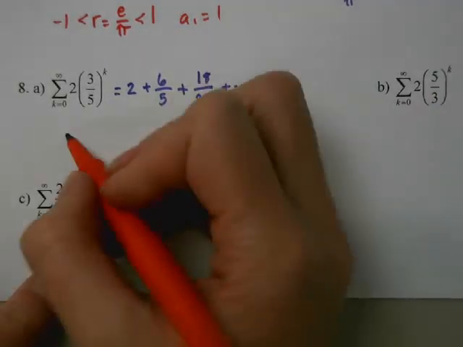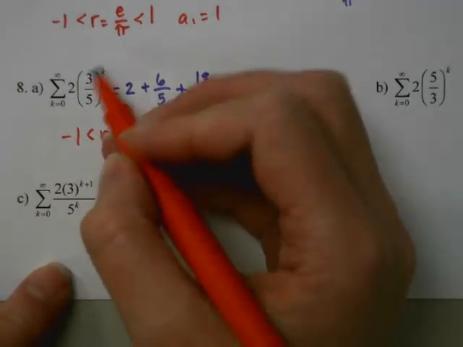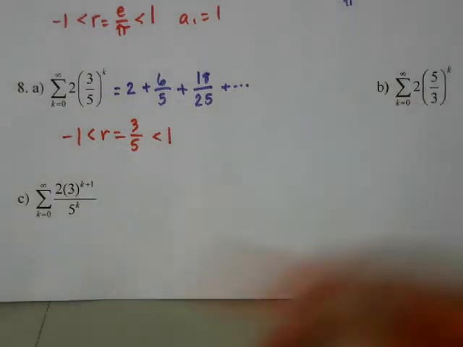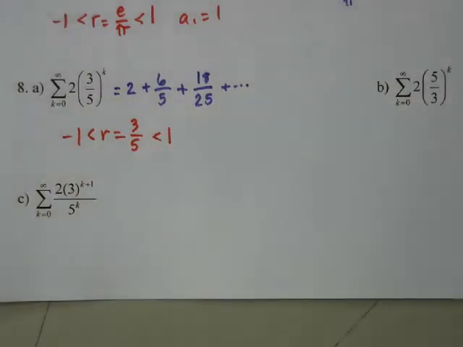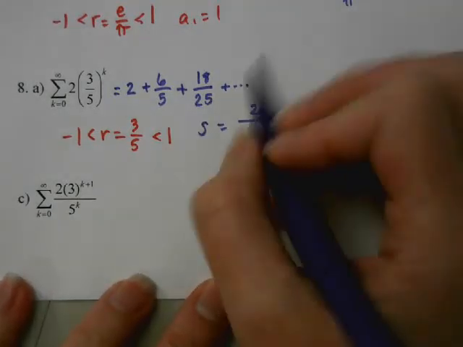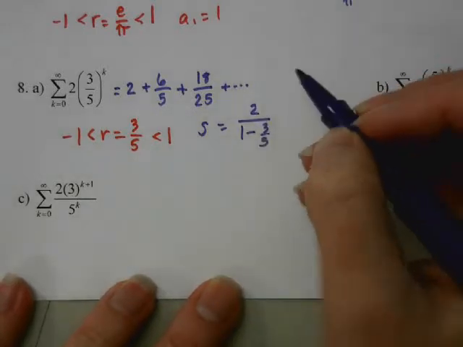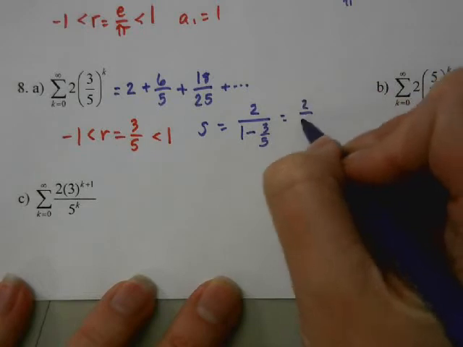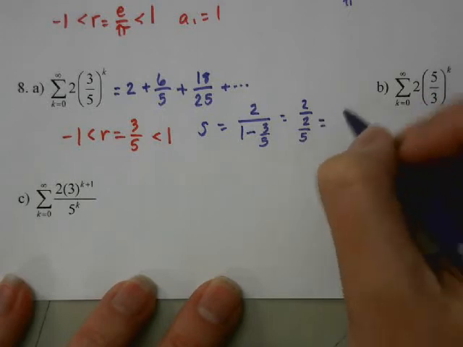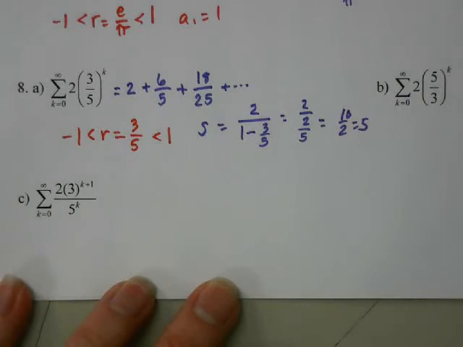So this one has a common ratio of 3/5, and it's always going to be this value if it's in this format. So that is between -1 and 1. So my sum is going to be 2 over 1 minus 3/5. So that's going to be 2 over 2/5, which is, copy dot flip, 10 halves, or 5.